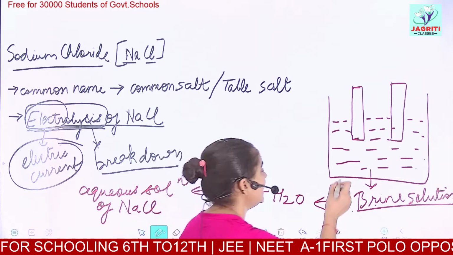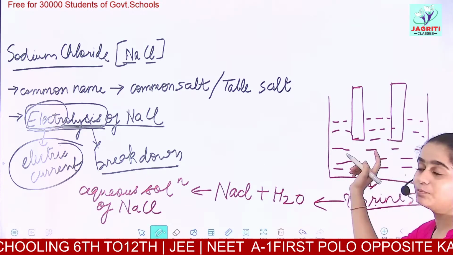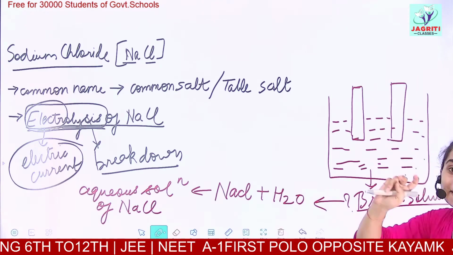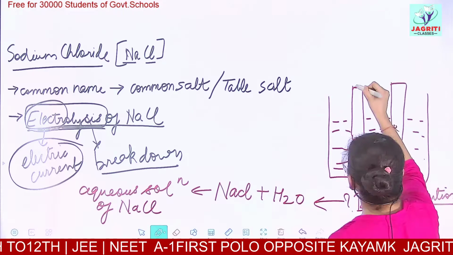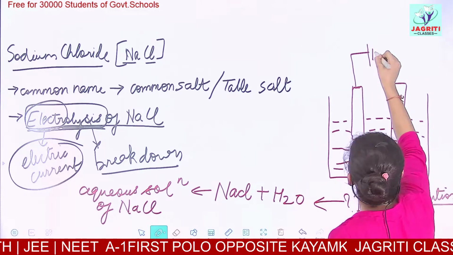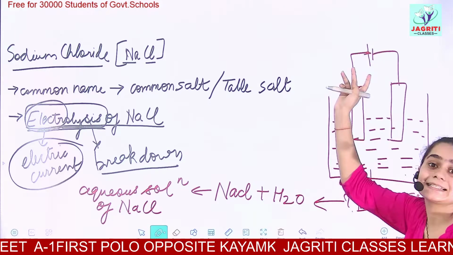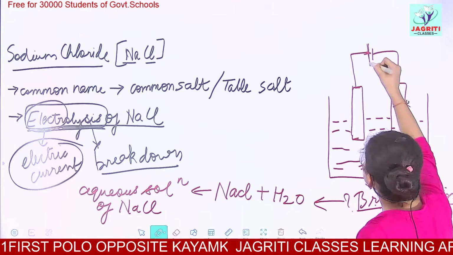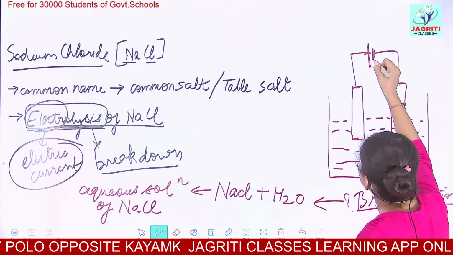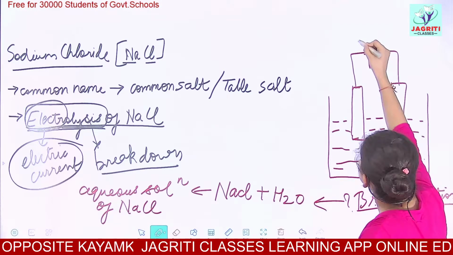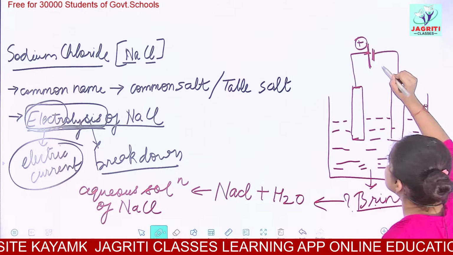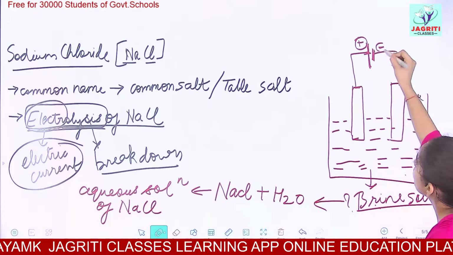So we have taken a brine solution in our beaker and we have dipped two electrodes. Now I am connecting these electrodes with the help of wire to our electricity source, that is a cell. The cell is represented by this symbol. The larger line indicates the positive terminal of our cell and the smaller line shows the negative terminal.